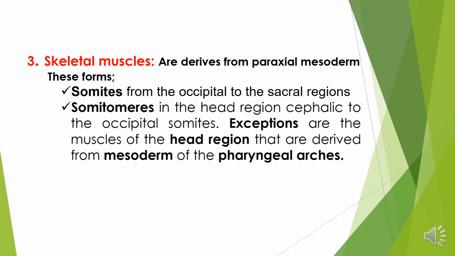Somites are from the occipital to the sacral regions, while somitomeres are in the head region, cephalic to the occipital somite. Exceptions are the muscles of the head region that are derived from mesoderm of the pharyngeal arches.